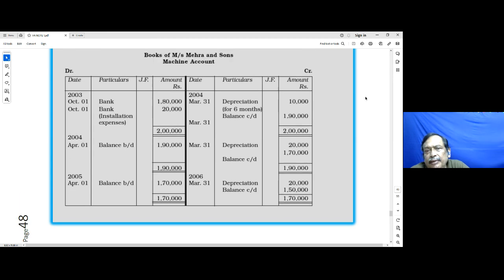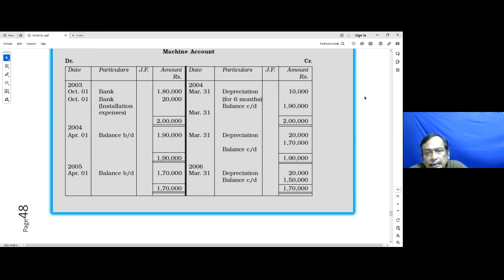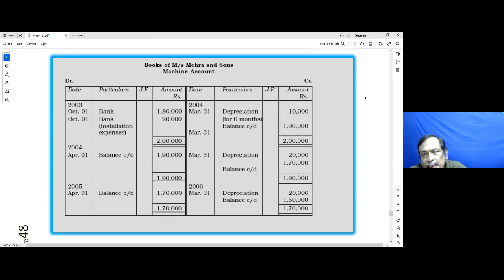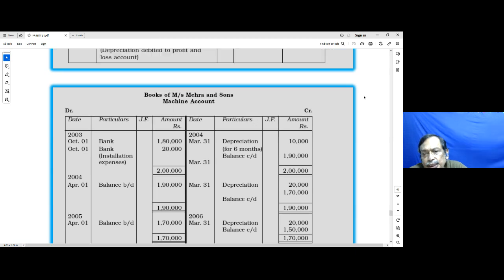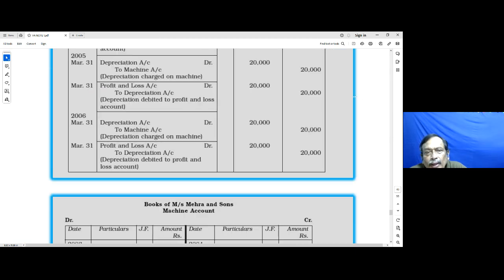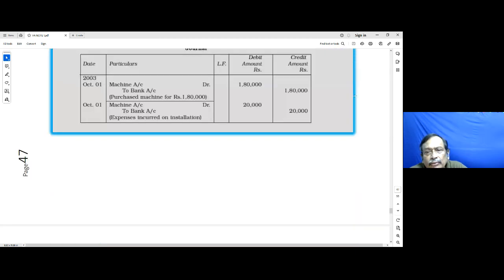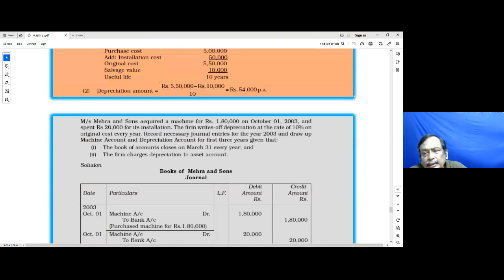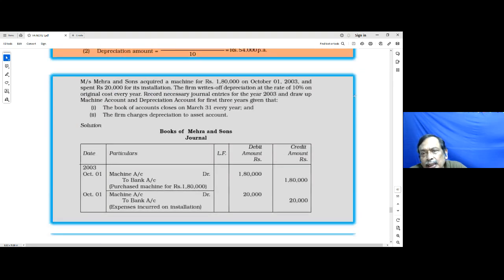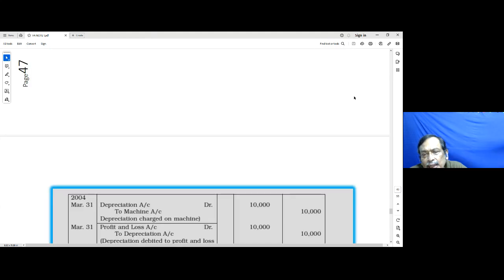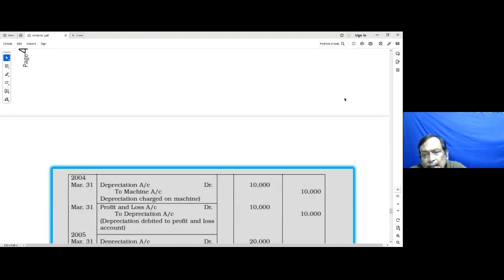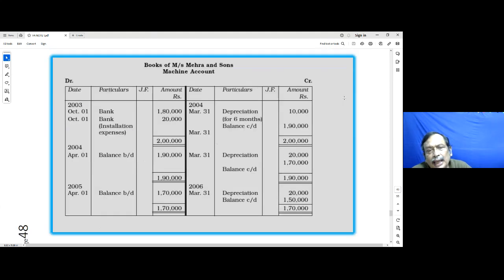So at the end of the first year, we have balance carried down 1,90,000. That balance is brought forward at 1,90,000 and depreciation will be 20,000 because it is 10% on original cost. Your original cost of the plant was 2 lakhs.